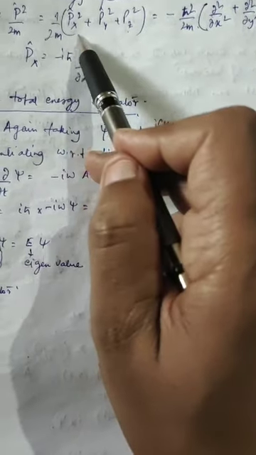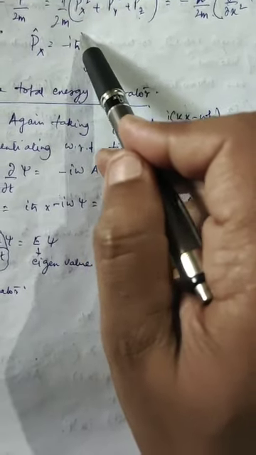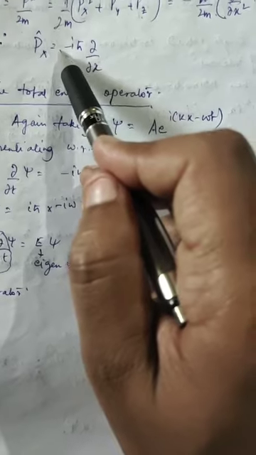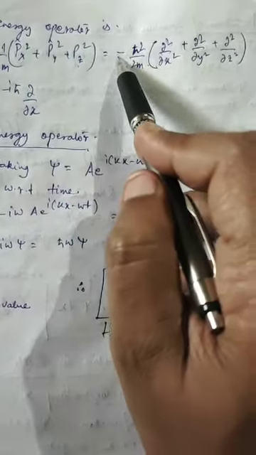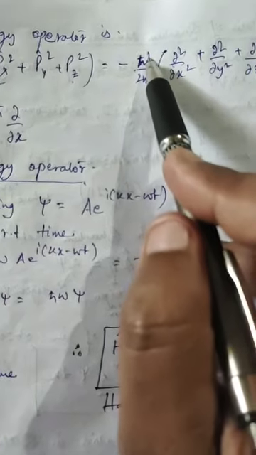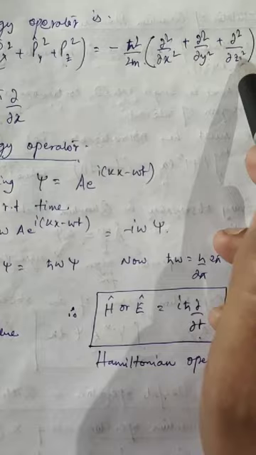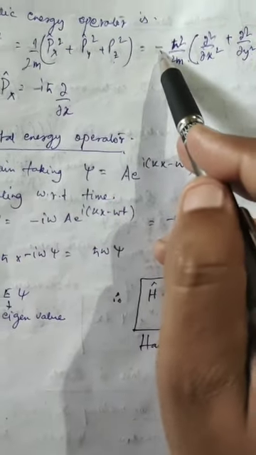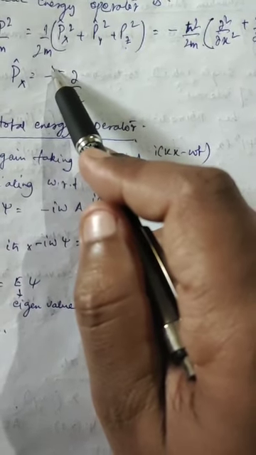If we square this, it becomes positive, but i square is negative. So minus h cut square del x square. So you can see minus h cut square, del x square plus del y square plus del z square, and 2m is common. Minus h cut square is also common. Why a minus? Because this becomes plus and i square is another minus.